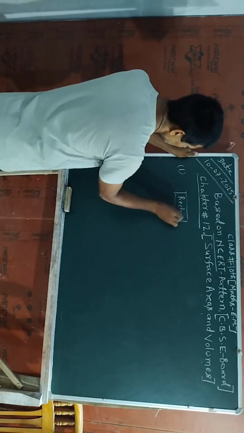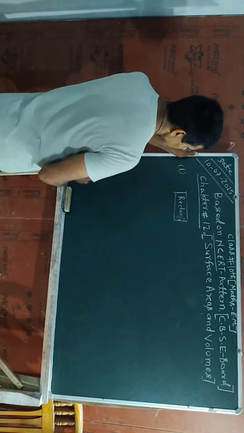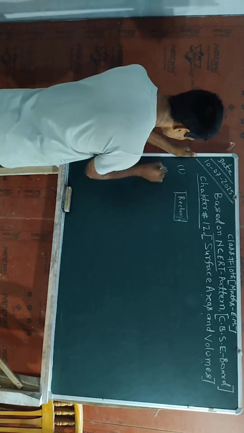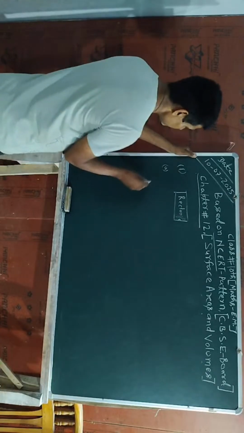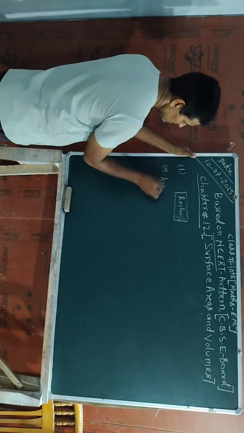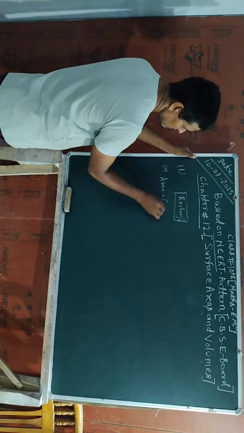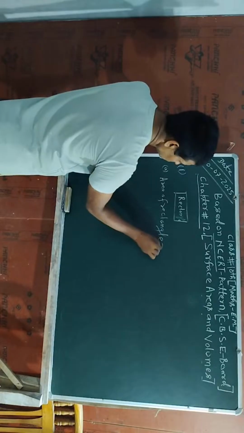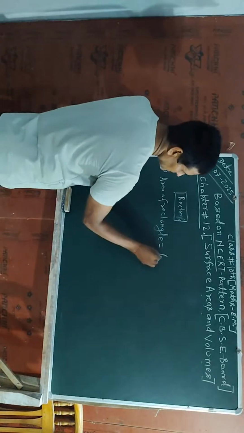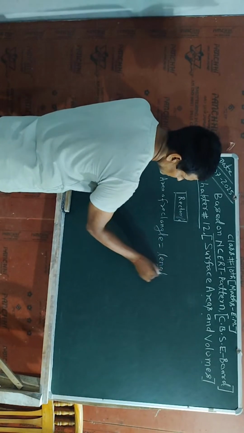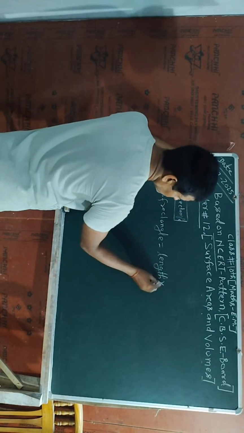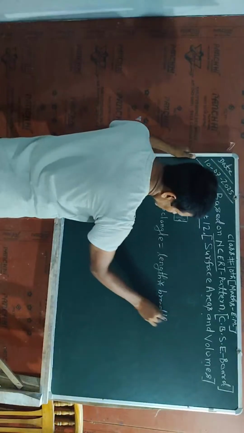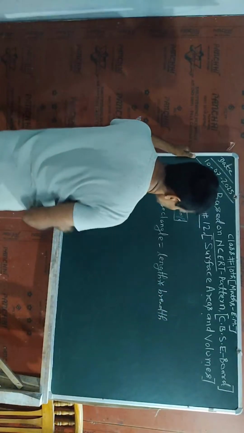Rectangle. This is a rectangle. In this case I will find the area of the rectangle. Area of rectangle is equal to length into breadth.